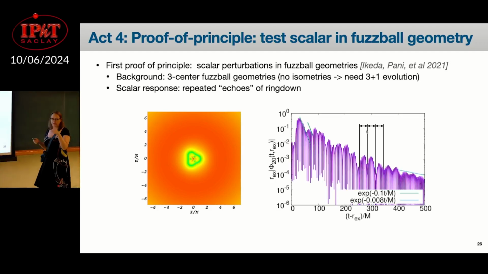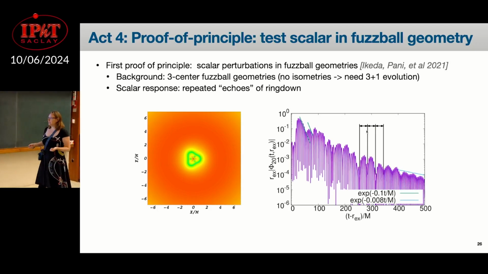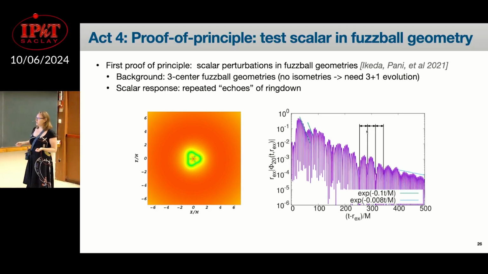And one of the plots that I took from their paper is now the L equal 2, m equals 0 multipole of the scalar field as a function of time, and again everything measured in units of mass of our space-time. And what you see here is initially a ring down, but then followed by the subsequent what people call echoes.